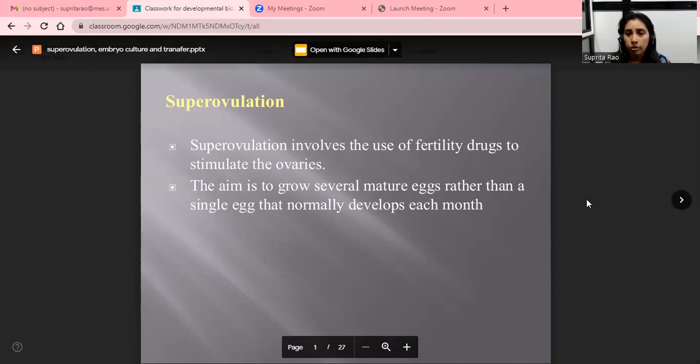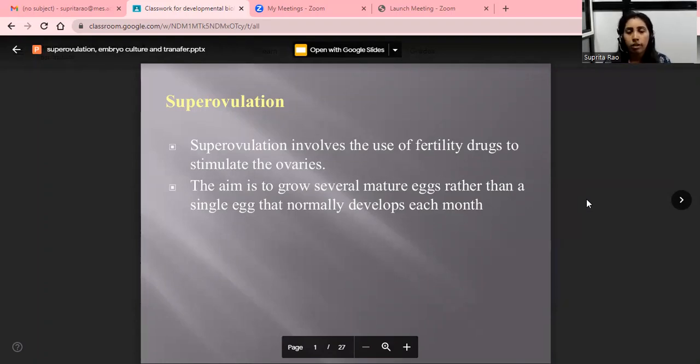What is superovulation? So wherein we have these in vitro fertility treatments where one egg is released by our ovary alternatively each month. That is, we have two ovaries, so one ovary releases an egg, the next month another ovary releases an egg.